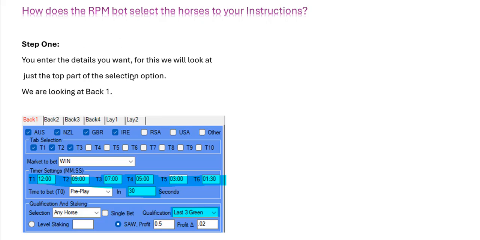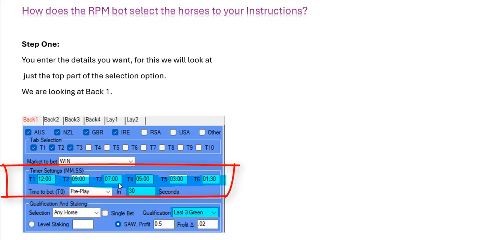When you enter the details you want, we'll just look at the top part here, because this top part is what actually gets the prices. On back one, for example, we've got our T1 timer set at 12 minutes. That means the first time the bot will look at this race for back one is 12 minutes from the official start time.